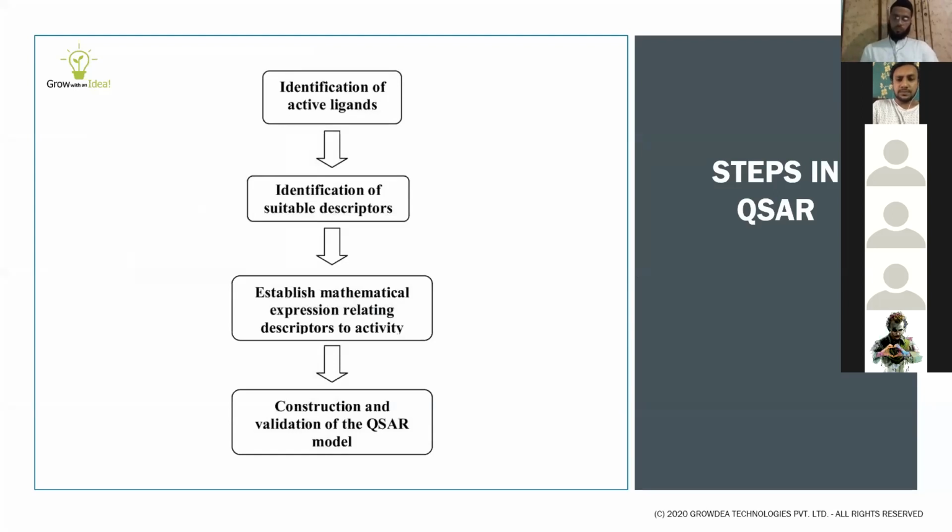Guys, don't get confused. People use words like descriptors, physical properties, features, all are the same. So identification of suitable descriptors is the next step that you have to choose, and then establish a mathematical relation between these descriptors and the activity, and construct a model. So that is what we are doing in QSAR.